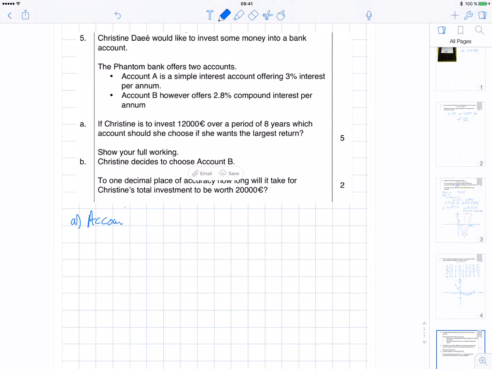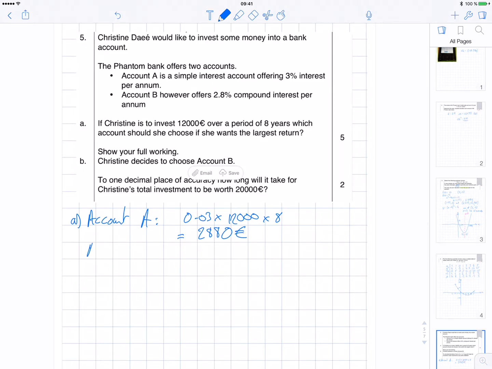So it's 0.03 times 12,000 times 8, which is equal to 2,880 euros.